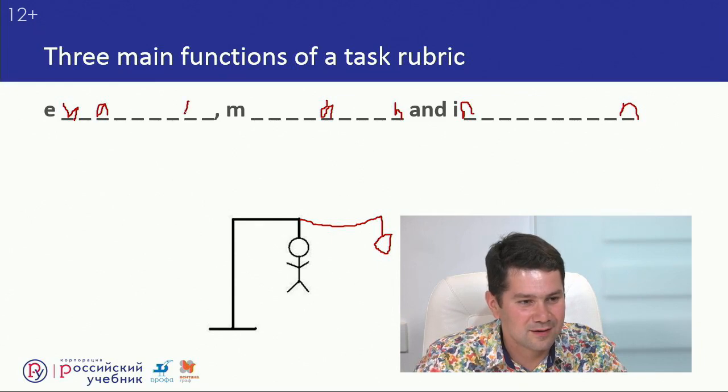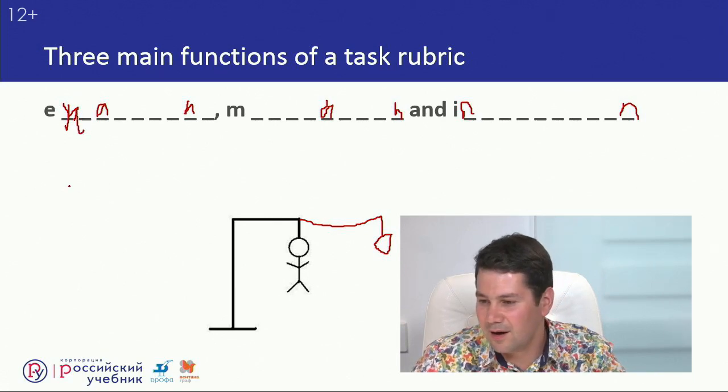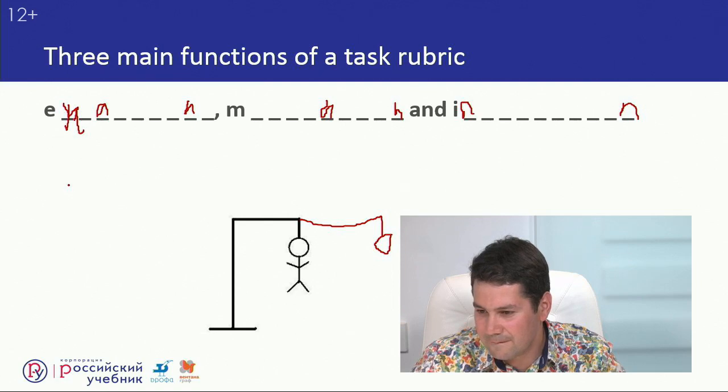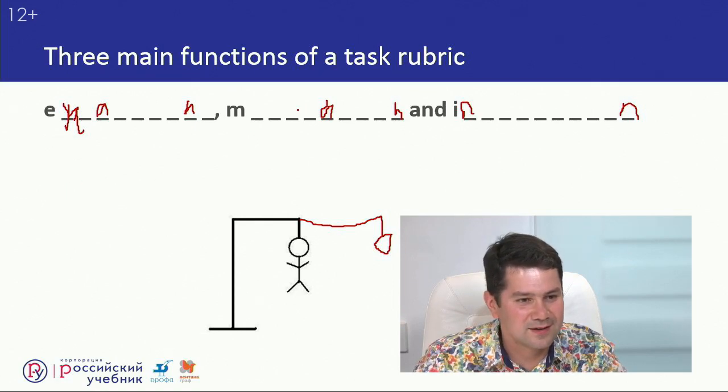And yes, these are, no, this doesn't look like a proper N. No, it does. Next letter, V. Yes, I think you have already guessed this word. V in here.